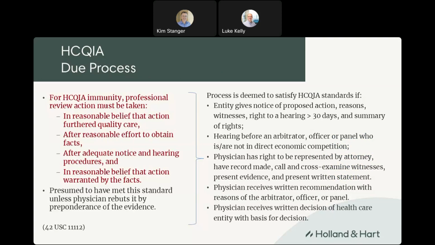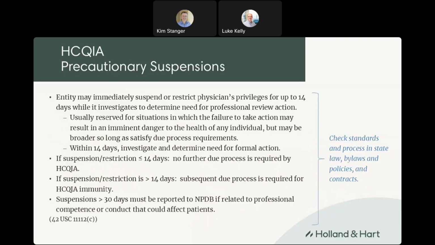But generally, in the case of physicians, you want to make sure that you're providing that due process to get the benefit of the HCQIA immunity. Now, HCQIA generally requires due process, but there is an exception: HCQIA does allow you to impose precautionary or summary suspensions for up to 14 days while you're figuring out what's going on.